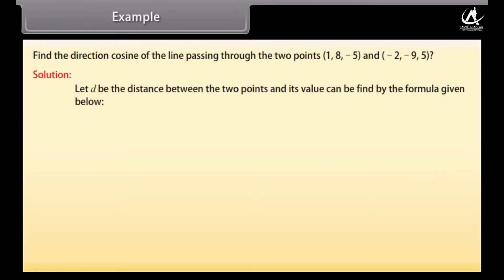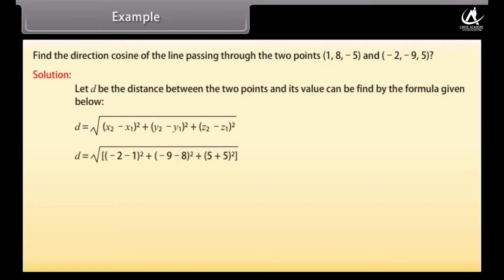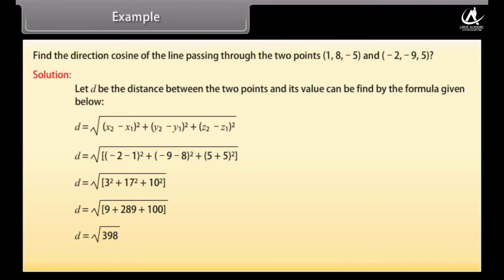Let d be the distance between the 2 points and its value can be found by the formula given below. d equals the square root of x2 minus x1 square plus y2 minus y1 square plus z2 minus z1 square. d equals square root of -2 minus 1 square plus -9 minus 8 square plus 5 plus 5 square. d equals square root of 3 square plus 17 square plus 10 square. d equals square root of 9 plus 289 plus 100. d equals square root of 398. d equals 19.94.